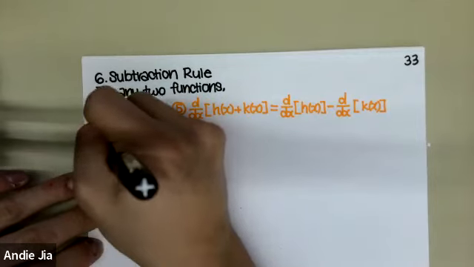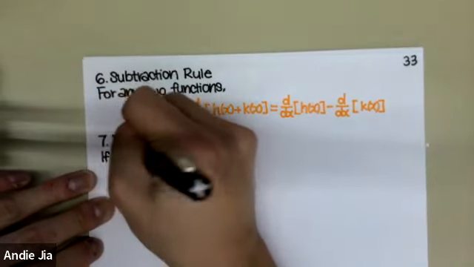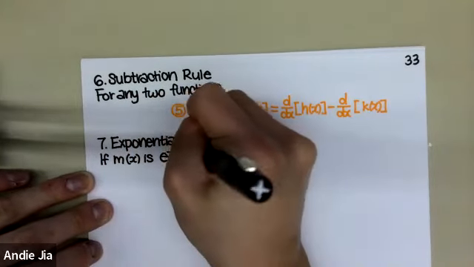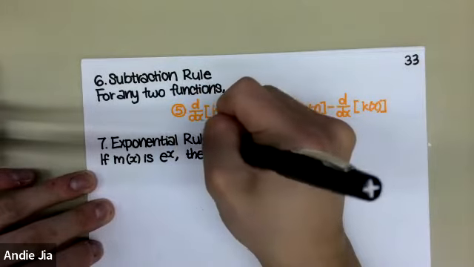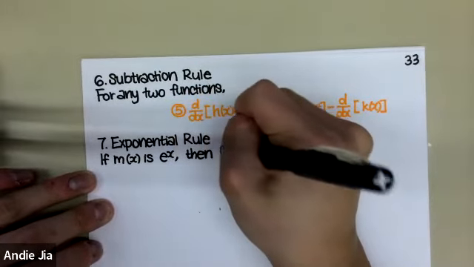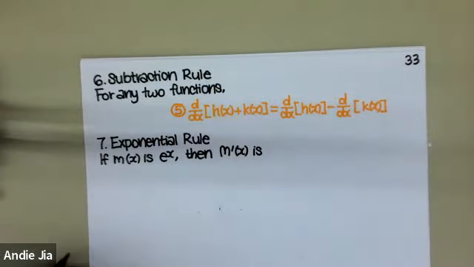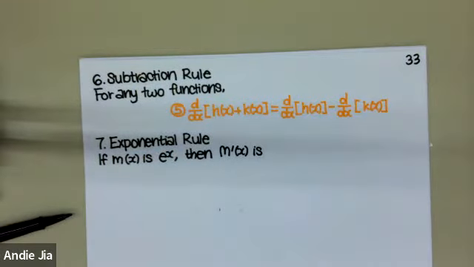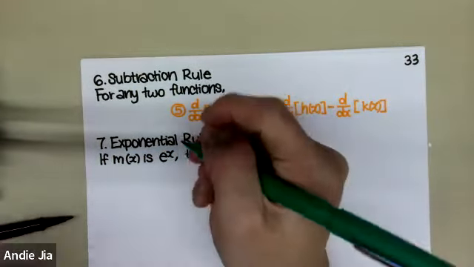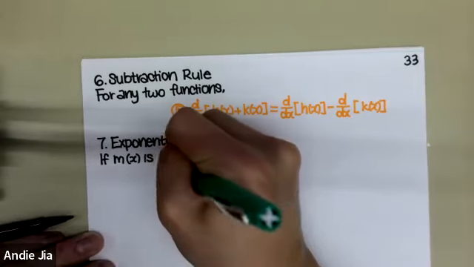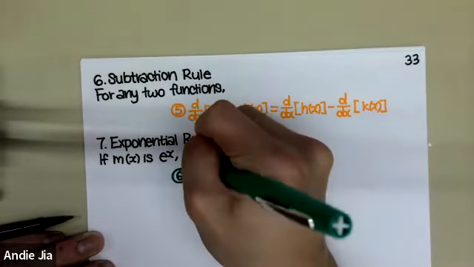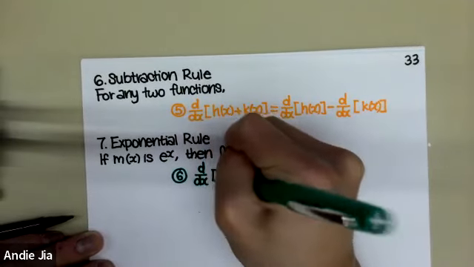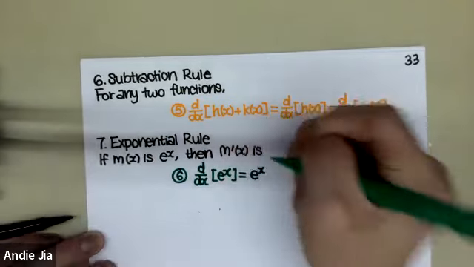If m of x is e to the x, then the derivative, d/dx of e to the x, is e to the x itself.